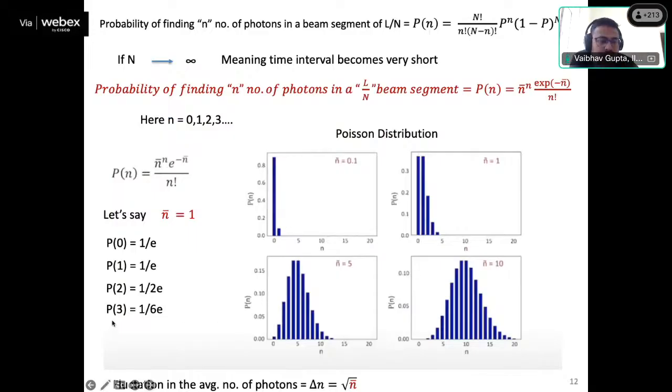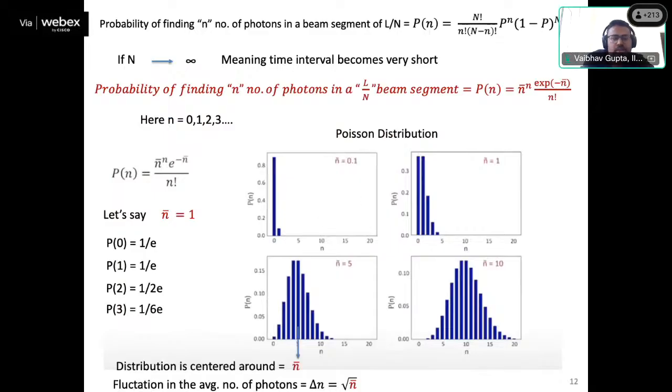So the probability of finding 4, 5, or 10 photons soon approaches 0. That's how you read this Poissonian distribution diagram. You will also see that as the average number increases, let's say to 10, this distribution looks a bit like Gaussian. But for a small average number of photons, it is not Gaussian, it is the Poissonian distribution.